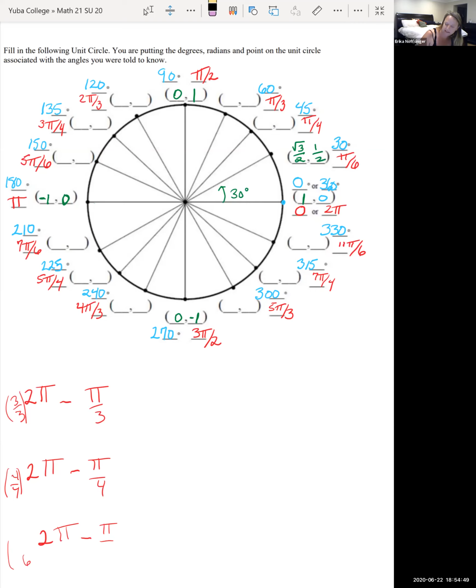At 45 degrees, cosine of 45 degrees, our x value of our point, is √2/2. Sine of 45 degrees is √2/2. So 60 degrees, cosine of 60 is 1/2. Sine of 60 is √3/2.